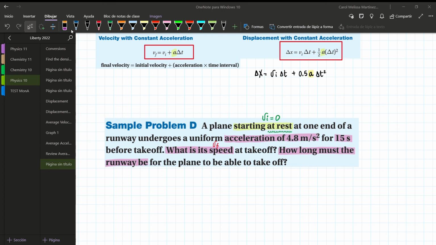So what I'm looking for: displacement, acceleration, velocity, or time? Displacement, because I'm talking about how long the runway is. So I'm looking for delta x, which is going to be my other unknown. Write this word problem in your notebook so we can continue in class on Tuesday.